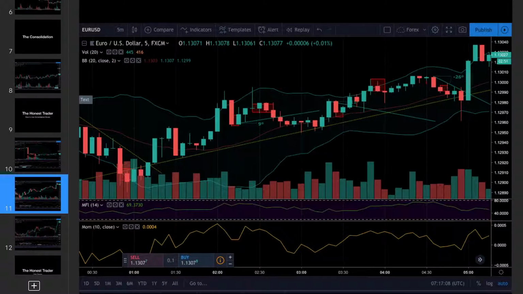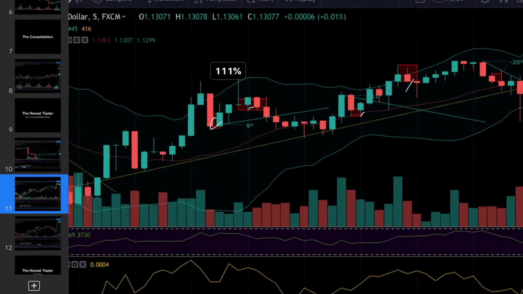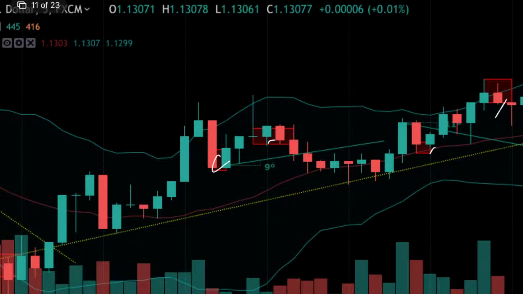So this is actually a euro dollar on a 5-minute chart. And you could see I had some consolidation boxes here, here, here, and here. But if we zoom in on it, the consolidation box I was using to see if the price is going to move outside of the box.